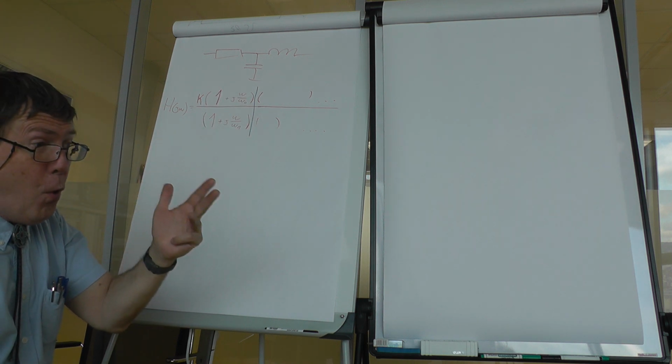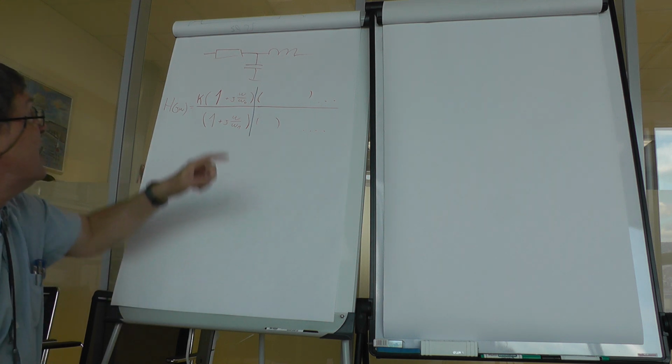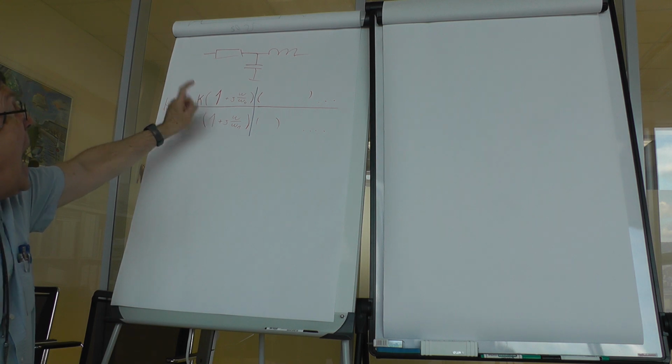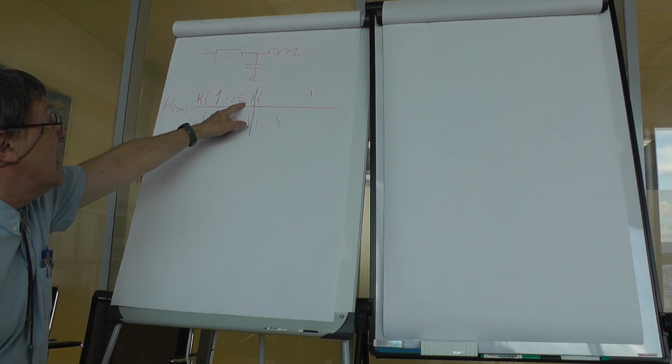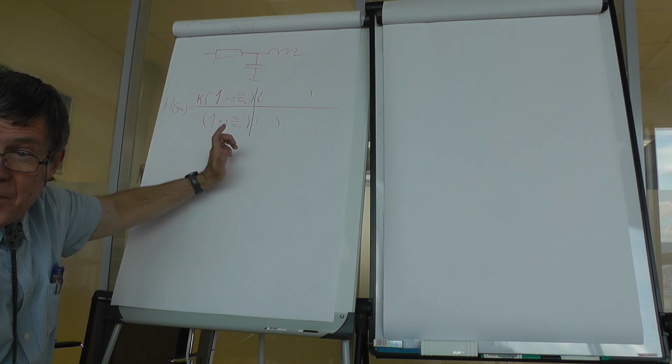So there are 4 real numbers that characterize it: the real and imaginary part of the constant, and a zero and a pole, 2 frequencies.